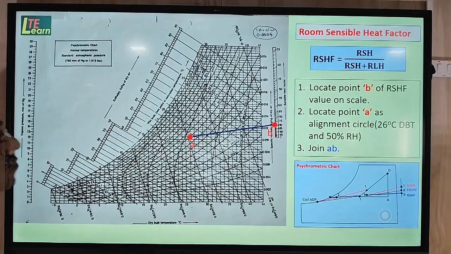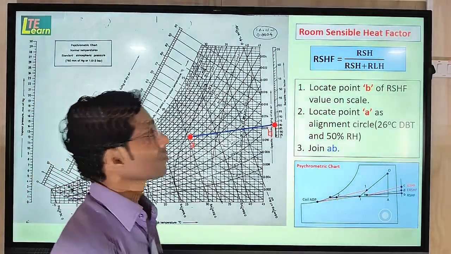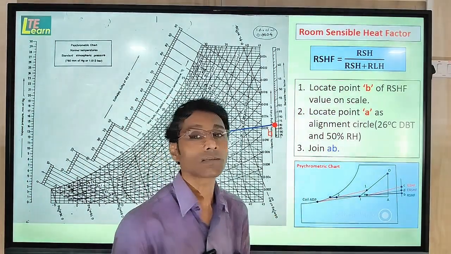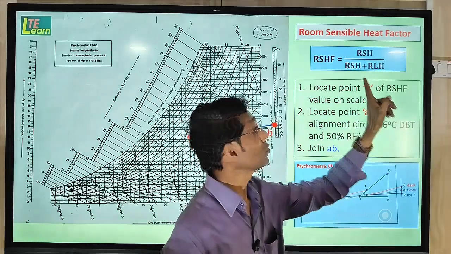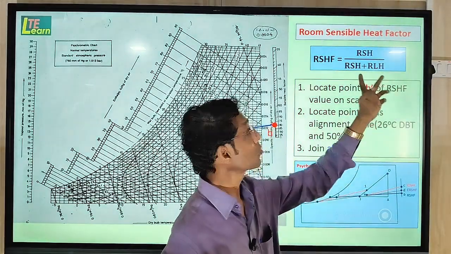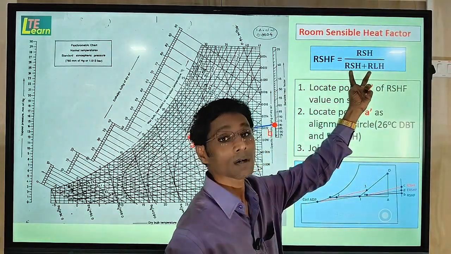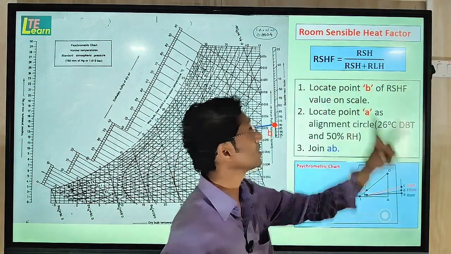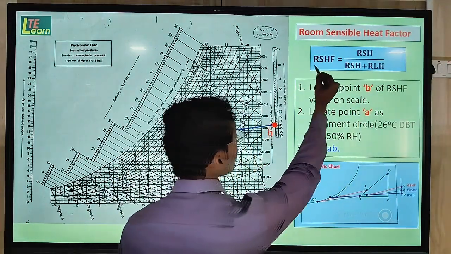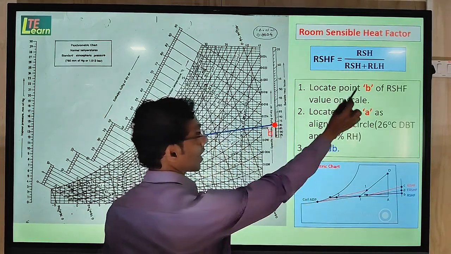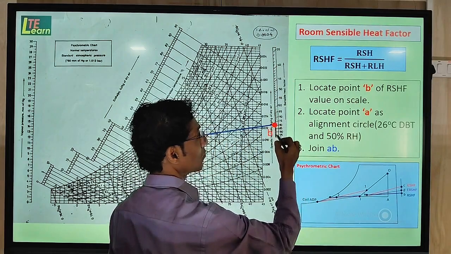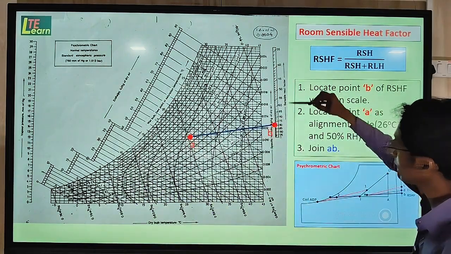Then we have to calculate the room sensible heat factor. For that we use this formula. Room sensible heat factor is the ratio of room sensible heat to room total heat. Room total heat is the summation of room sensible heat and room latent heat. When we get RSHF, then we locate that RSHF value on the scale provided here on the psychrometric chart.